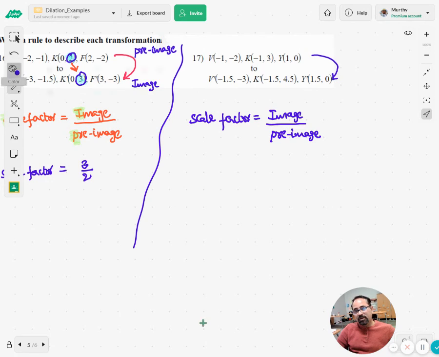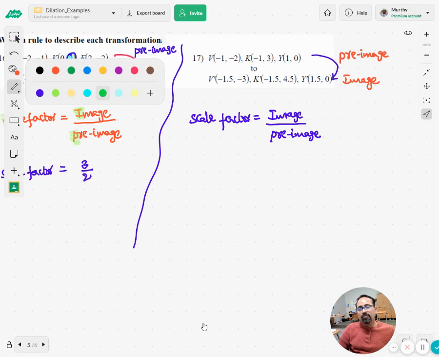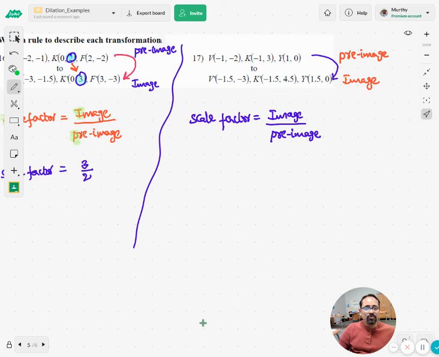Then the first one, the original one, is the pre-image, and the product, that's the image. As I told you before, I prefer to take the positive values, so this is positive and this is 4.5.